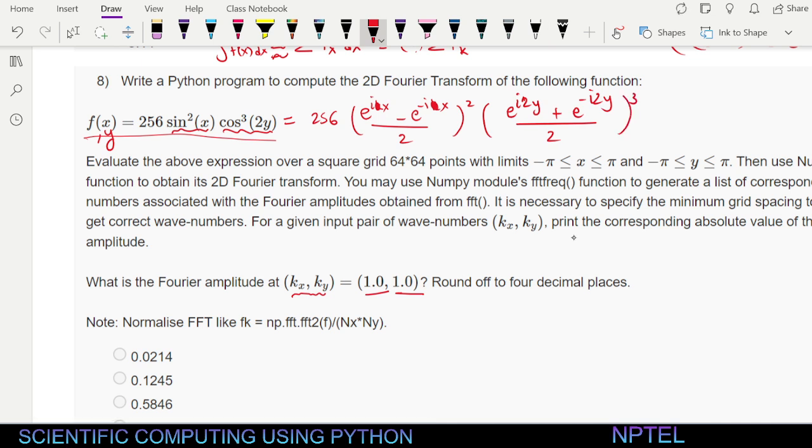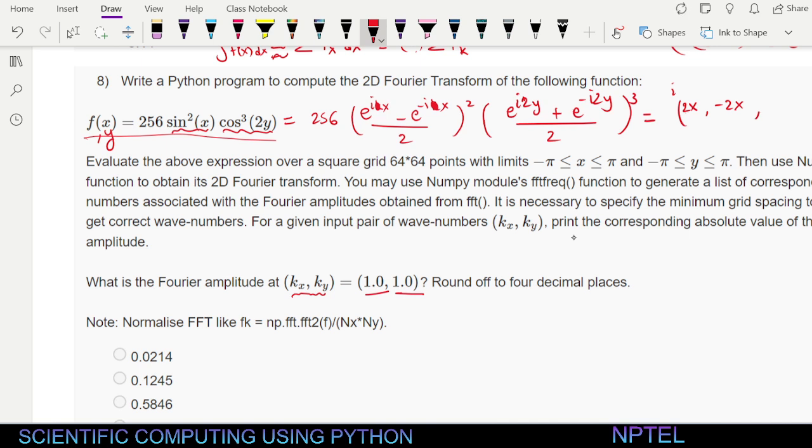Okay, so what kind of terms will it have? In the first bracket you have the x term, right? In the exponent you have 2x, then minus 2x, forgetting the i and everything. Then you have minus 2x and minus 2x. That's it, right?